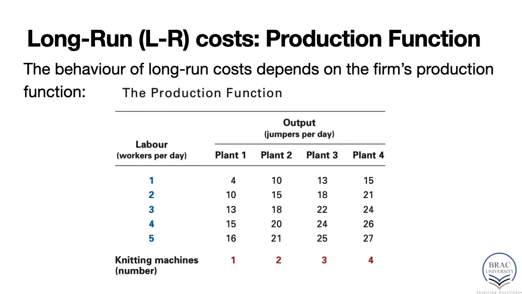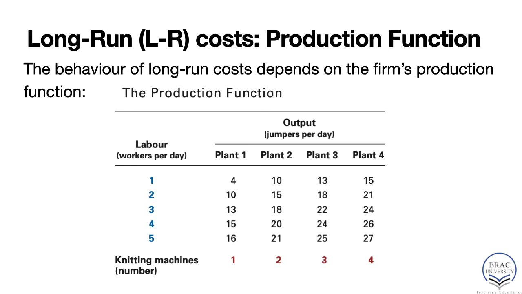The table lists the total product for 4 different quantities of capital, and the quantity of capital defines the plant size. So if you see here, plant 1 represents a factory with 1 kneading machine, the short-run example we studied before. The other 3 plants have 2, 3, and 4 kneading machines.